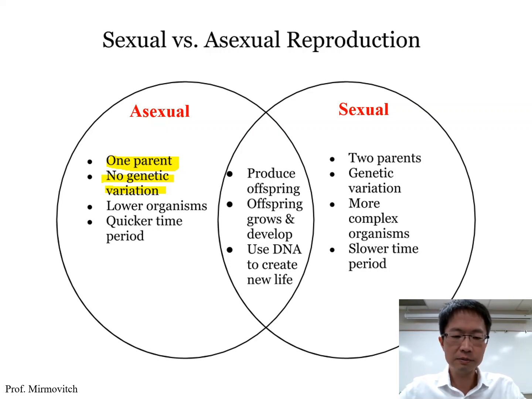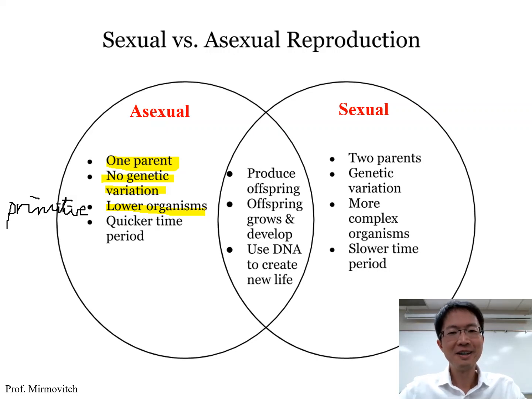Lower organism. I personally don't like to use the word lower organism. I'll say primitive, more primitive organism. I prefer to use the word primitive. Lower is like, well, it's like there's some kind of class, some kind of higher or lower.